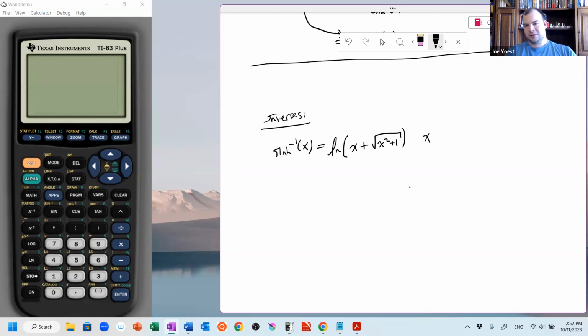And this is for all real numbers x. The arc cosh is log of x plus root x squared minus 1. And this is for values of x bigger than or equal to 1.